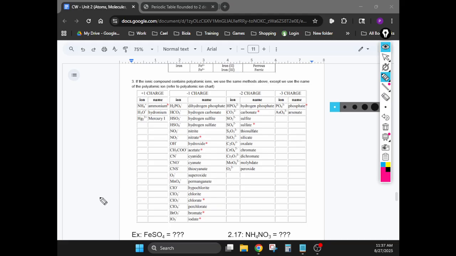If you know these, you should be fine. I'm not going to ask, what is the name of NO3 minus? You're just expected to know that it's nitrate.